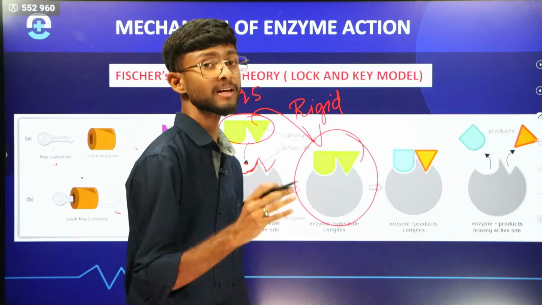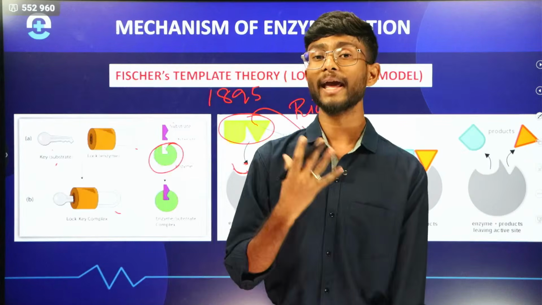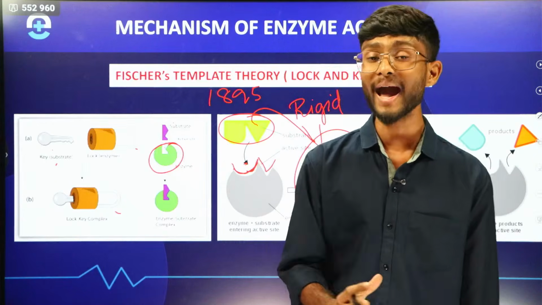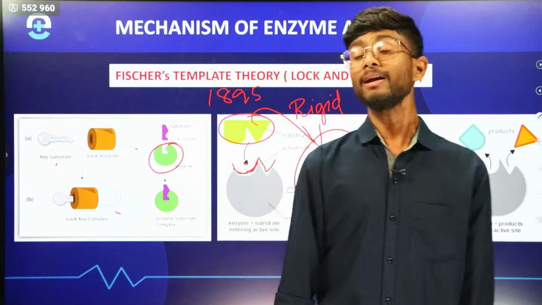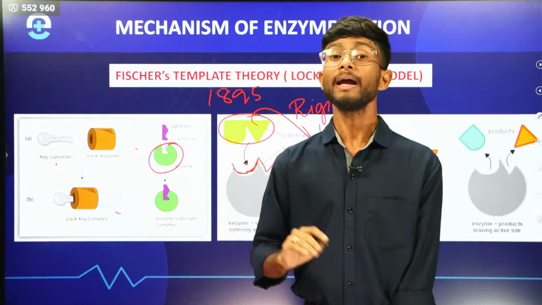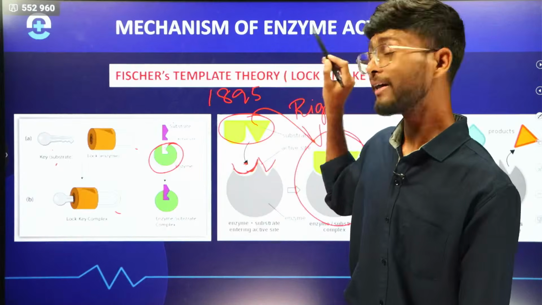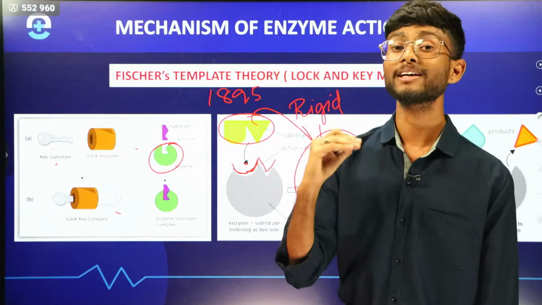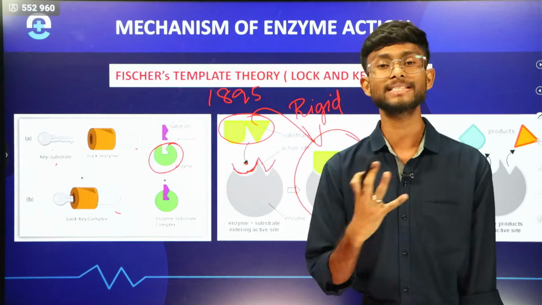That is the reason Emil Fischer could not explain the structure of the active site and its mechanism properly. That's why this lock and key model, regarding the enzyme concept, has failed and is not acceptable.